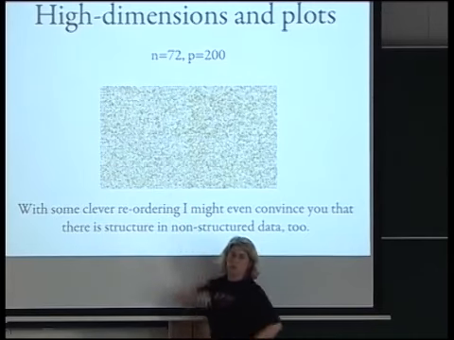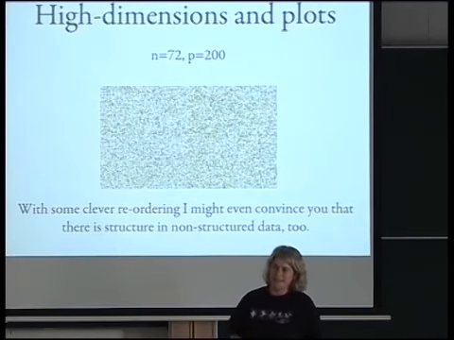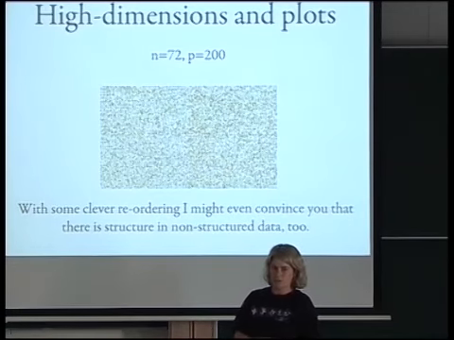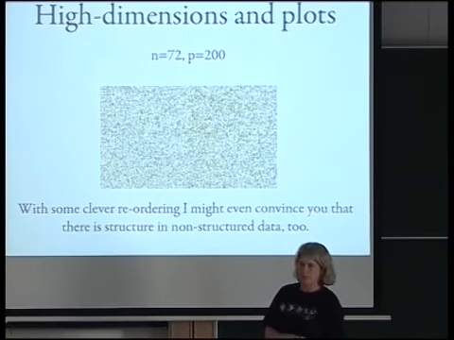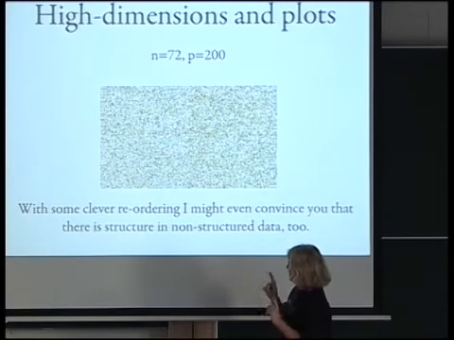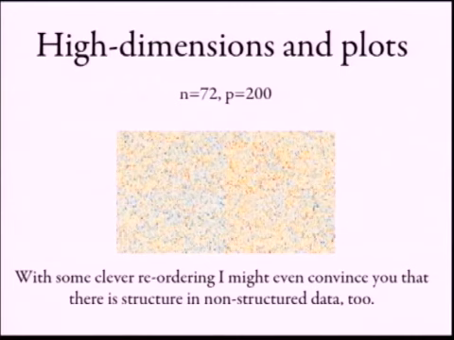So I reordered it to make you maybe think there's something there. And I think we can play that game with any data. I can give you an arrangement where it'll make you think that there's structure in the heat map when there really isn't. And so that's one thing that I'm very dubious about in terms of heat maps.